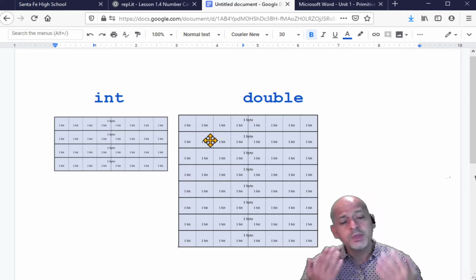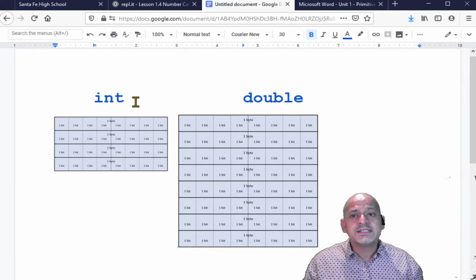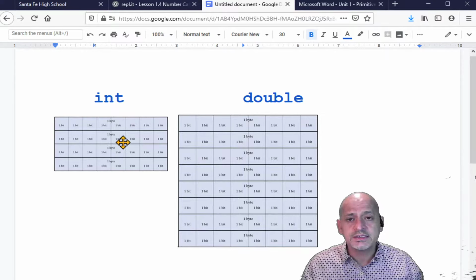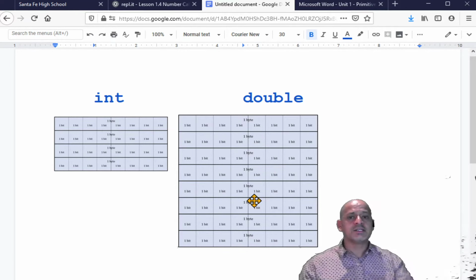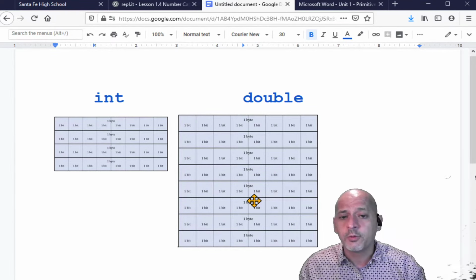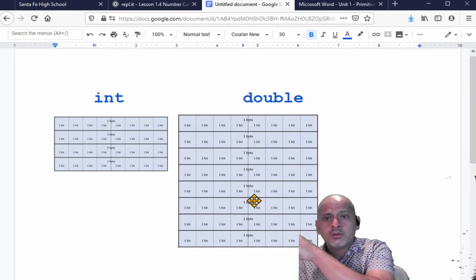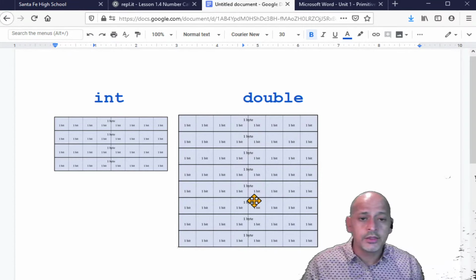Even though it's supposed to be 4.5, because integers have a smaller space, it gets chopped down. A double takes twice as much space: 64 bits, while an integer takes 32.